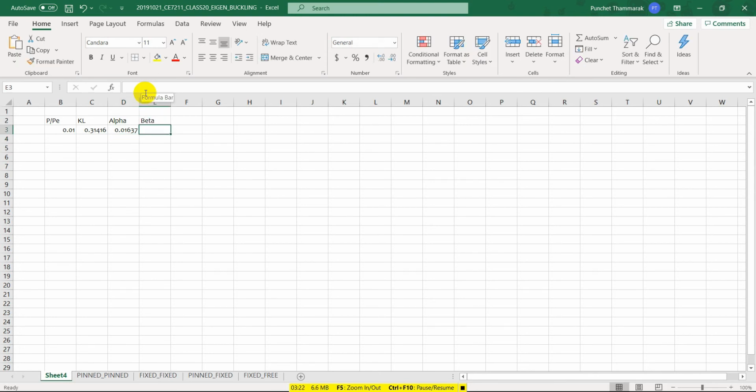The beta is equals to cosine KL minus 1. And then what?